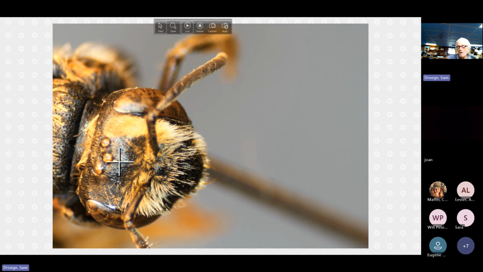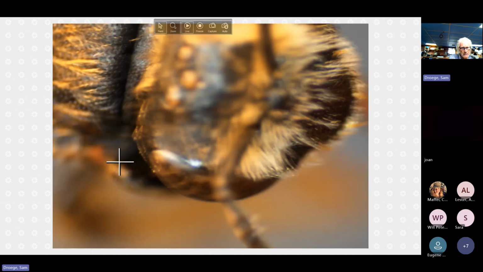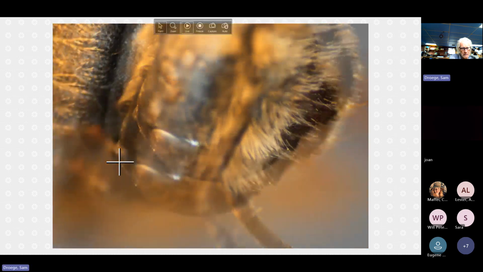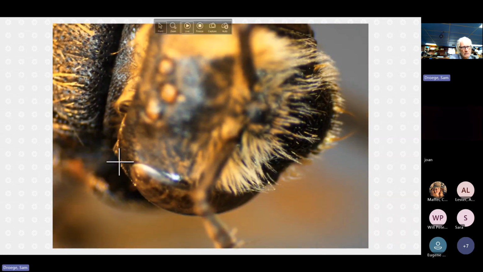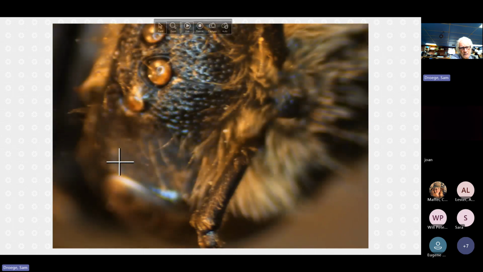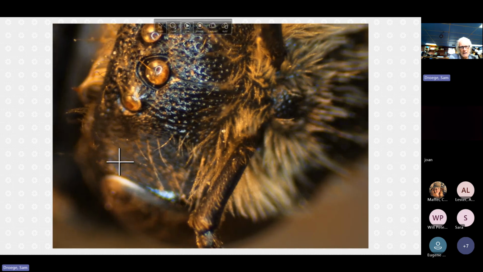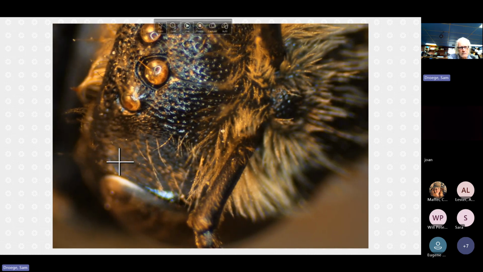Now here, this is where the area below the ocelli should be striate, and there should be very little pitting obvious. Well, first off, I see pitting, and so that doesn't really match.